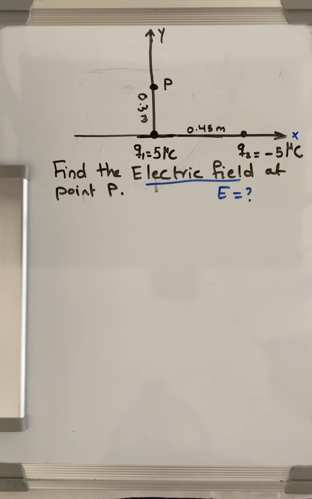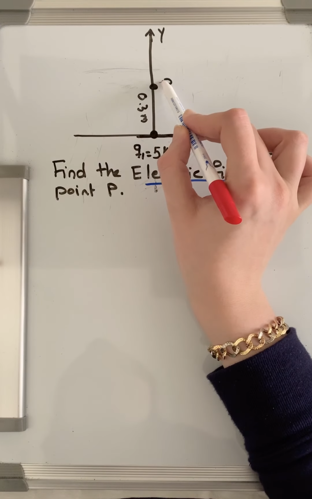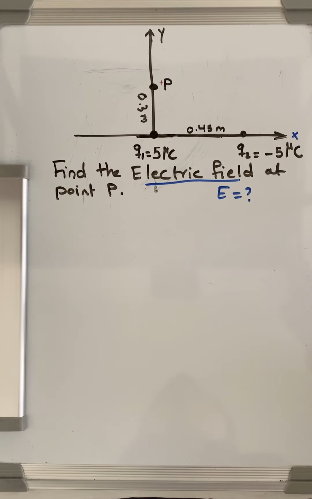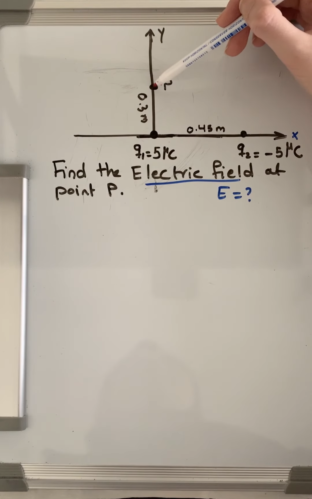To know where the electric field will point, let us assume that we have a small, tiny positive test charge at this location. If I place a tiny positive Q here, what will happen to it because of Q1?